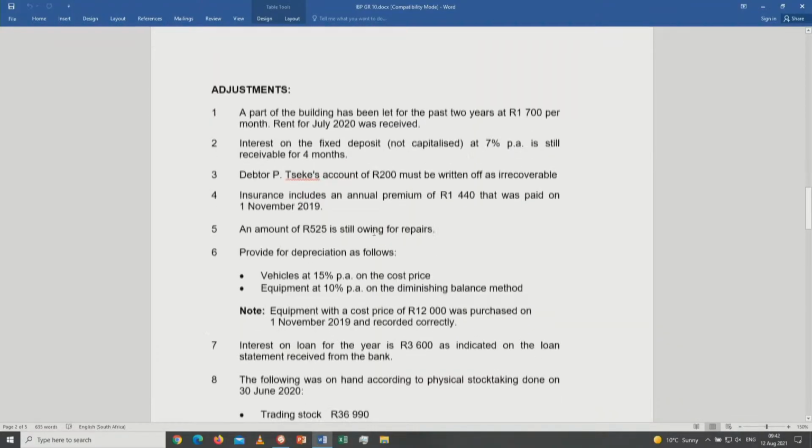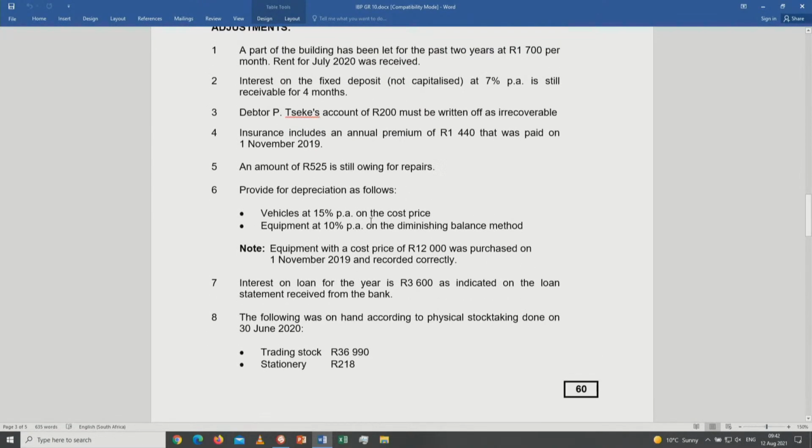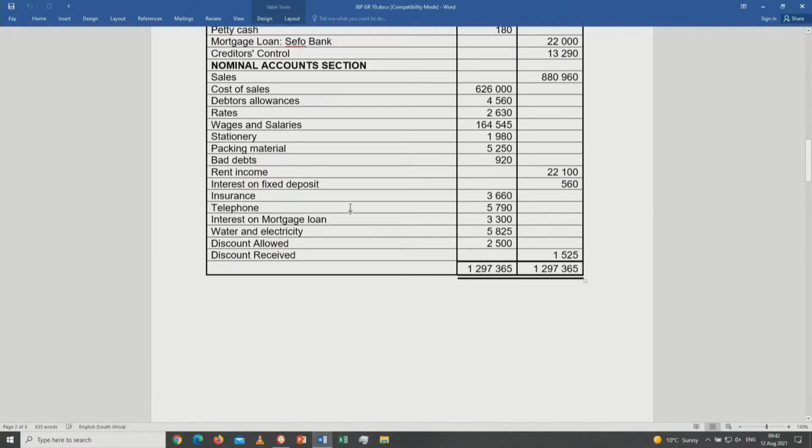Then we go back. Let's go back to our adjustments, to our trial balance. We are here. Interest on mortgage loan. This is an expense account. Interest expense.